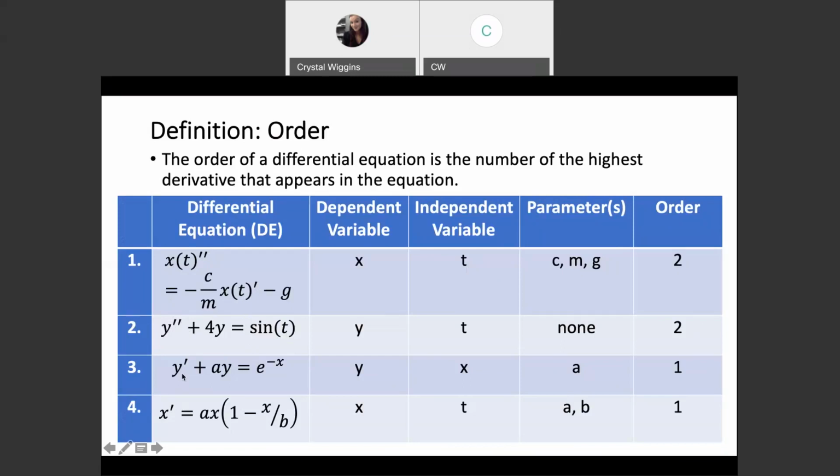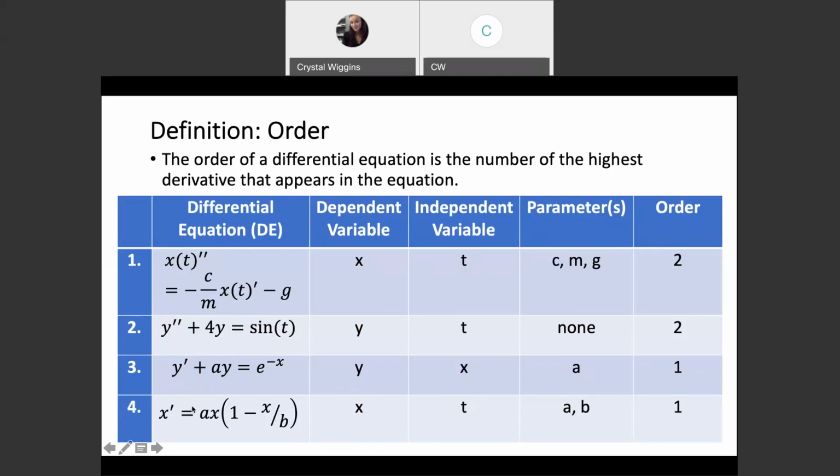Row 3: y prime plus ay equals e to the negative x. Again, because y has the derivative, we know y is the dependent. x is inside of a known function, so I know that x is my independent, not the a. a is a parameter, and there's only a first derivative, so it has an order of 1.